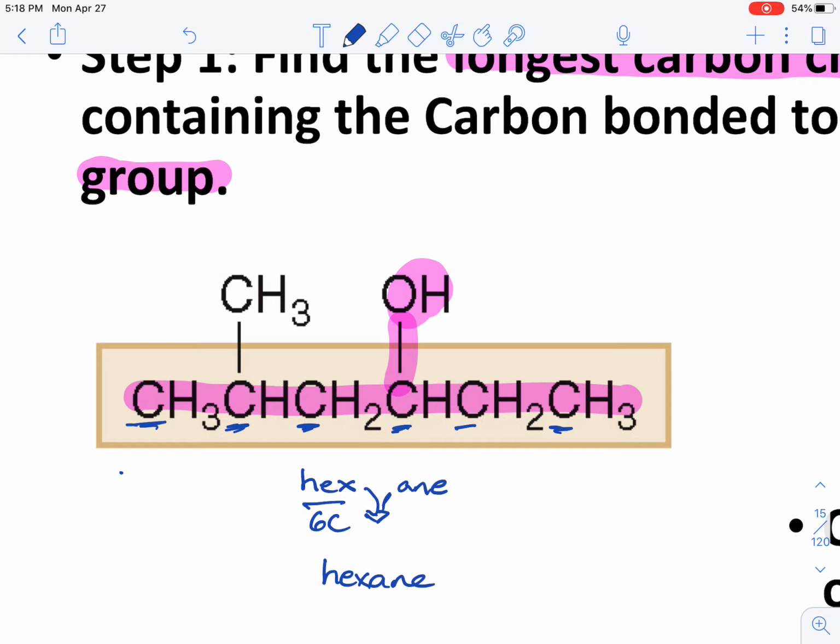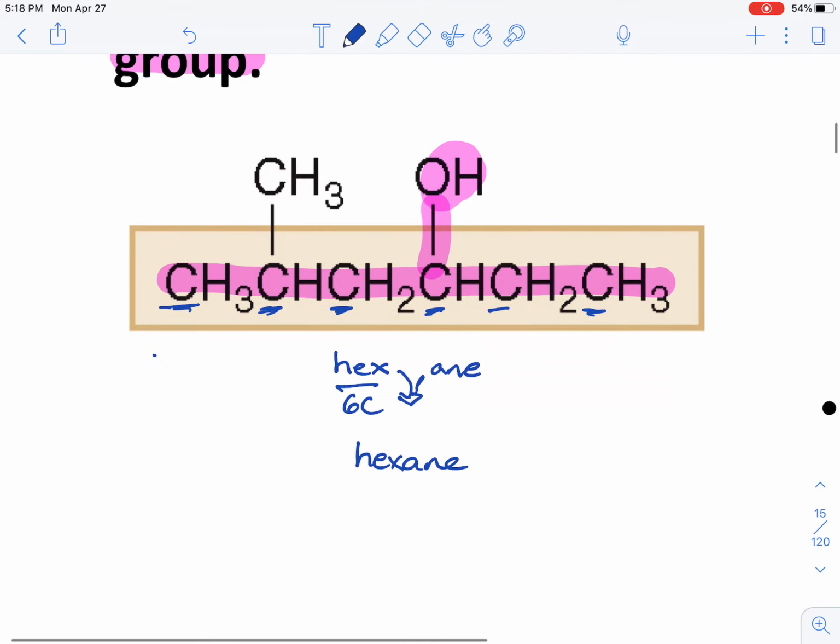Once you have that part determined, there's something else that you need to do. This parent chain, this parent name, needs to include the alcohol.